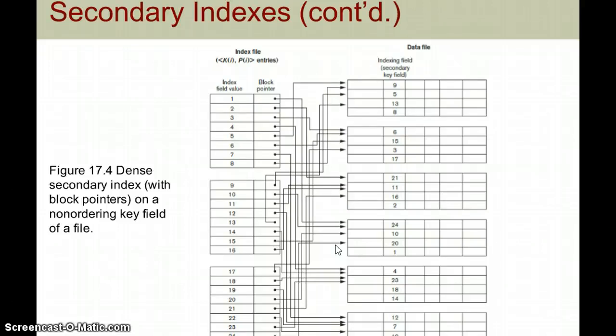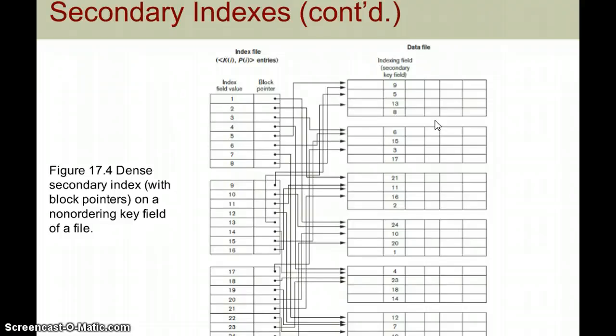Okay. Now, when we are going to create a secondary index, what are the criteria we have to fulfill? To create a secondary index, the field on which we are going to create an index, the indexing field, must be a non-ordering field.